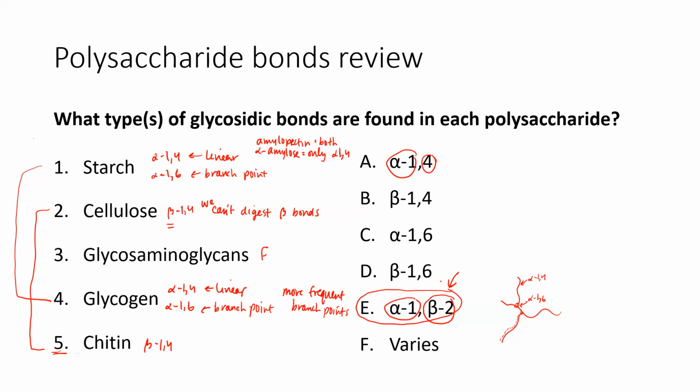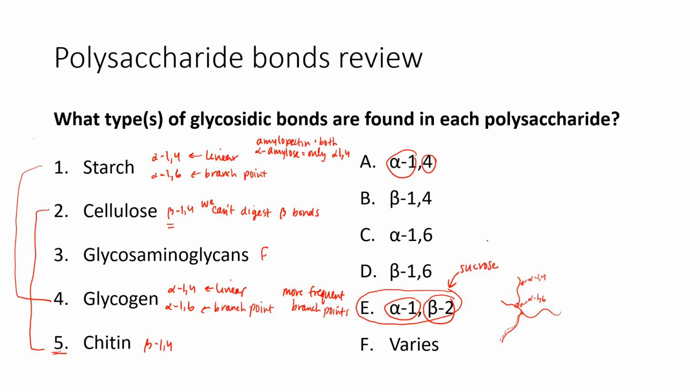Does anybody happen to know where we would see what type of sugar has this particular glycosidic bond? It's okay if you don't. It wasn't necessarily part of the slides, but we see this in sucrose.